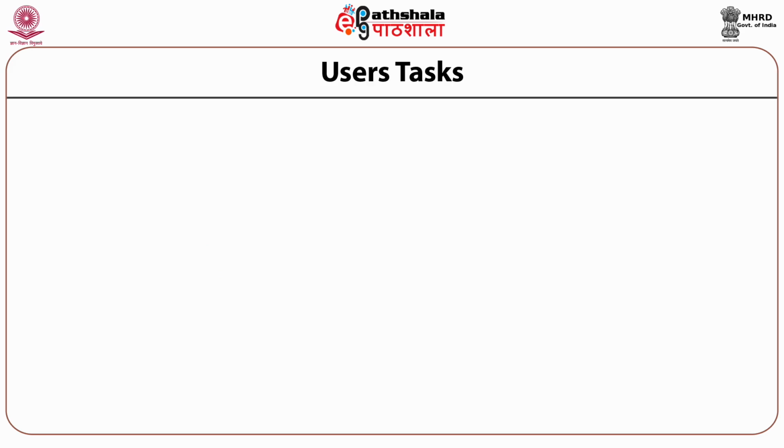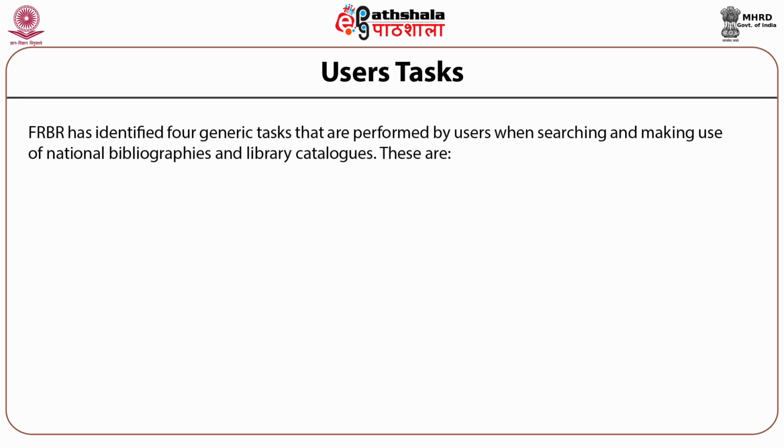What are the user tasks? FRBR also very rightly identified four generic tasks that are performed by users. When are they performed by users? While searching and making use of national bibliographies and library catalogs. So, while searching the library catalog, what are the users doing? What search method are they using?